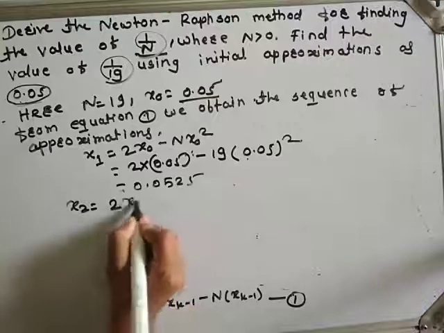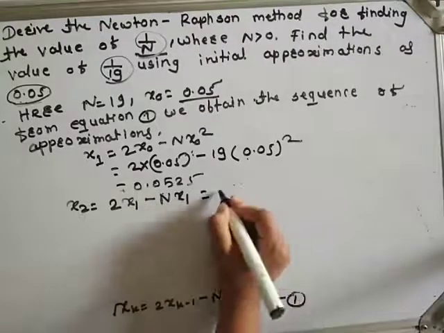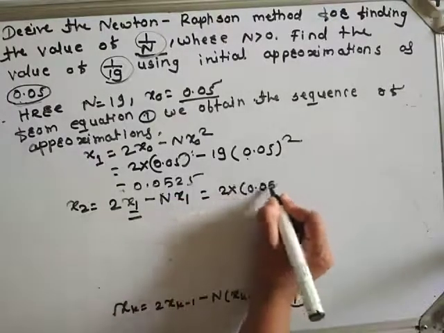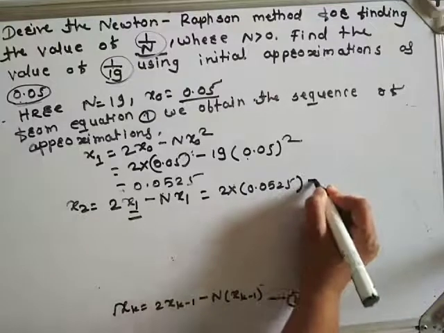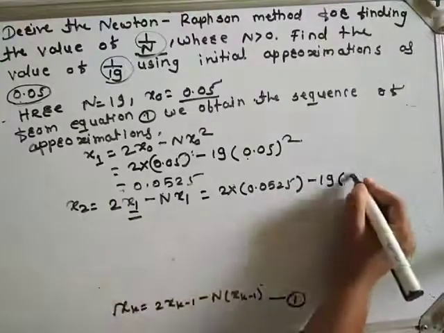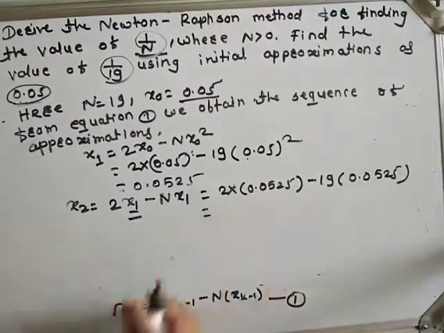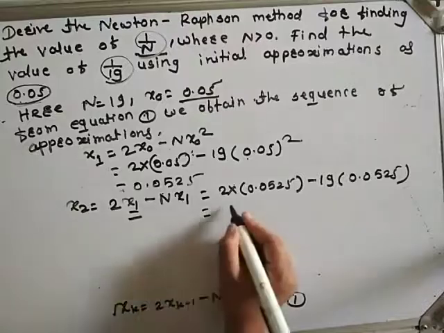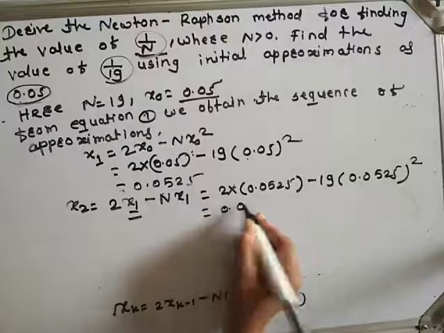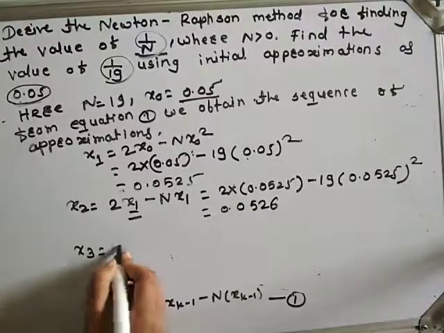Here is 2x1 minus n into x1 square, which is equal to 2 into x1 is 0.0525 minus n is 19 into x1 square, x1 is 0.0525 square, which is equal to 0.0526. Next, we have to calculate x3.